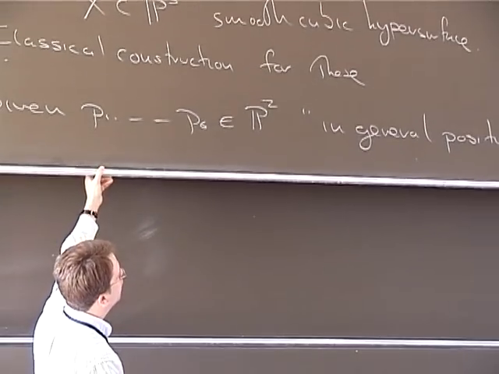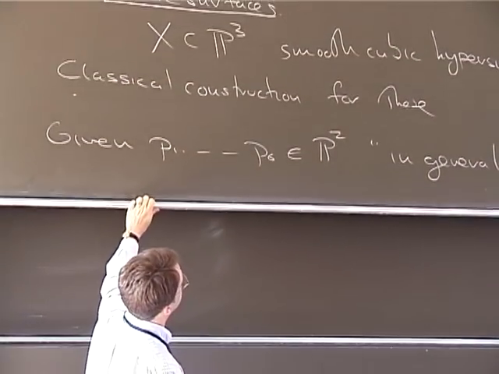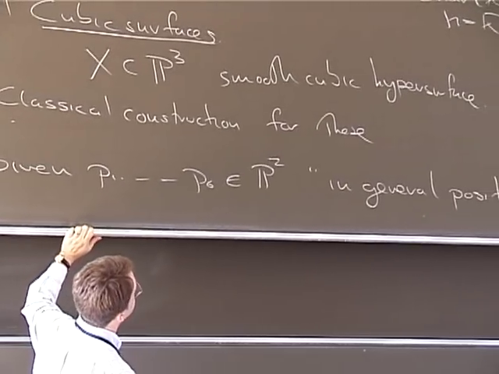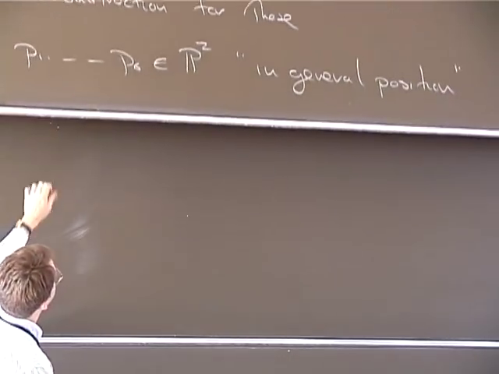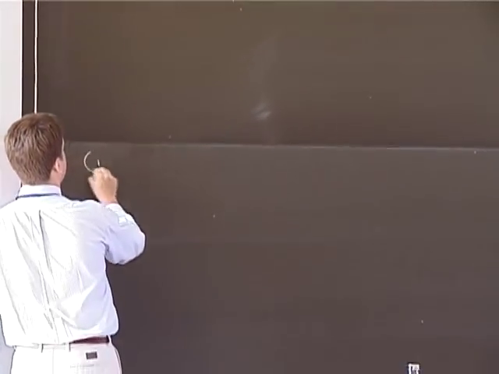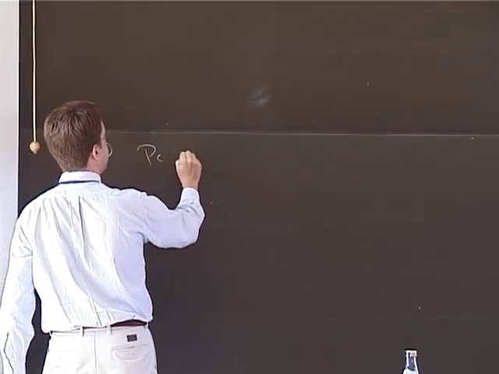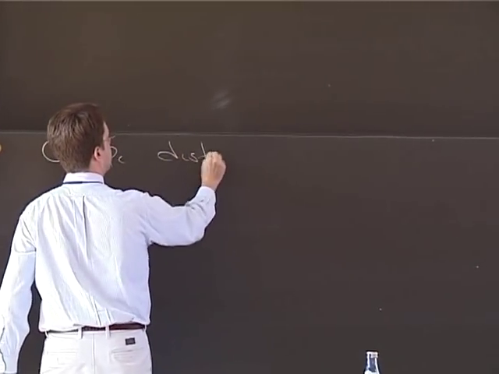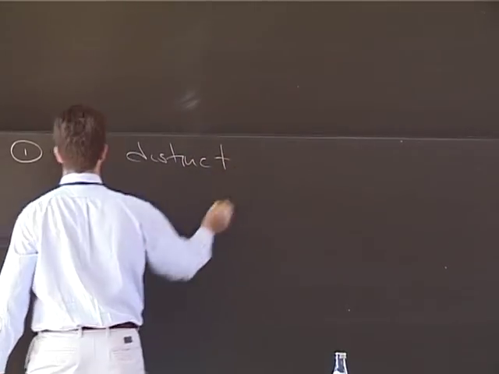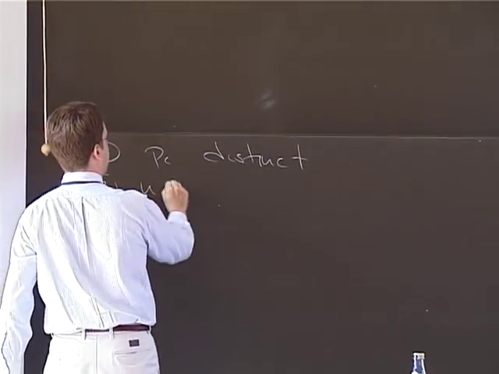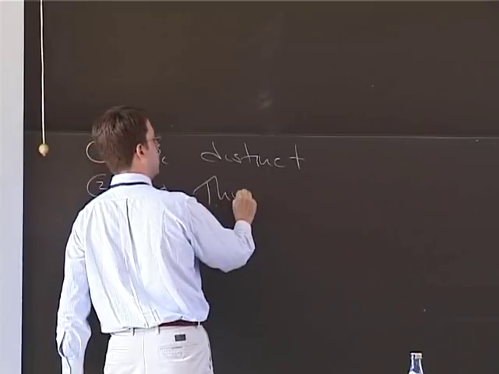So this means that the Pi are distinct. No 3 are collinear.